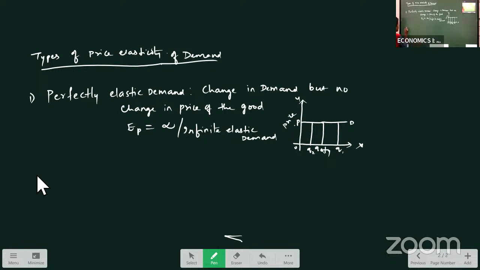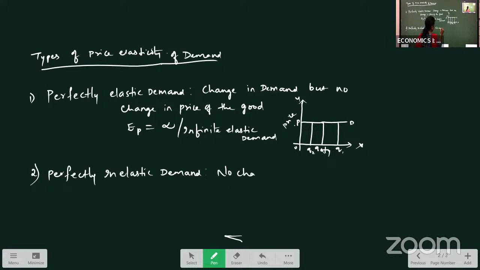Now, second type of price elasticity is perfectly inelastic demand. What is perfectly inelastic demand? No change in demand. Inelastic means what? No change. No change in demand, but there is a change in price.